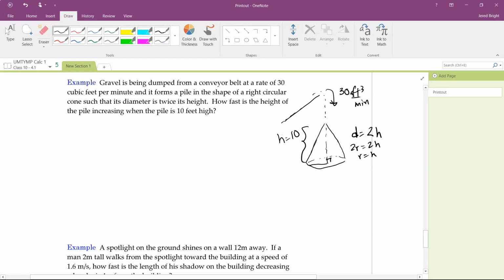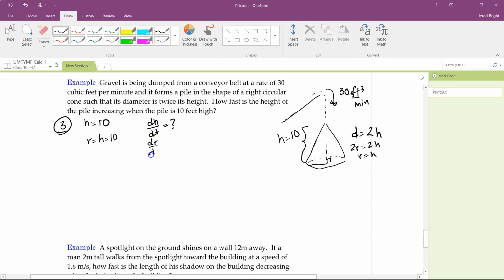Okay, and so let's start to make our list of what we know and what we don't know. So we know that the height at a specific moment is 10. We don't know necessarily how fast it is increasing. We know that the radius is going to be the same as the height, so in this case it would be 10.